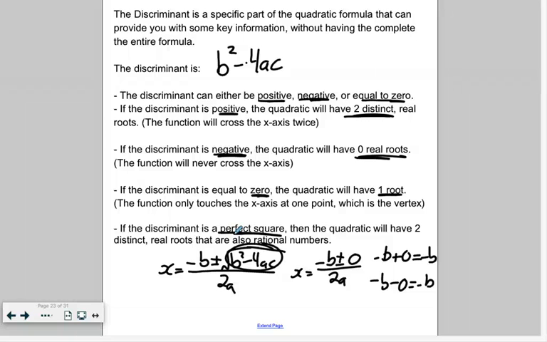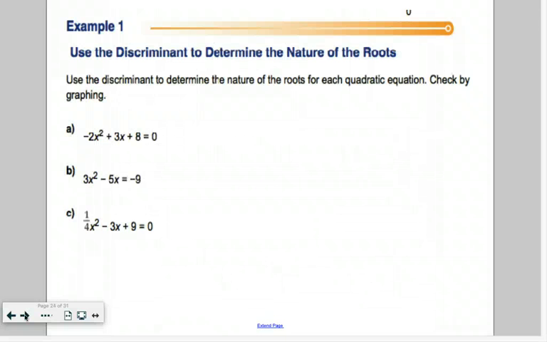So if you're ever wondering, can I solve it by factoring, you can just check the value of the discriminant. Plug in your values for a, b, and c, and calculate b squared minus 4ac. If that number is a perfect square, you can go ahead and factor. If it's not a perfect square, you would not have been able to factor it, and you need to use the quadratic formula or completing the square to solve this quadratic.